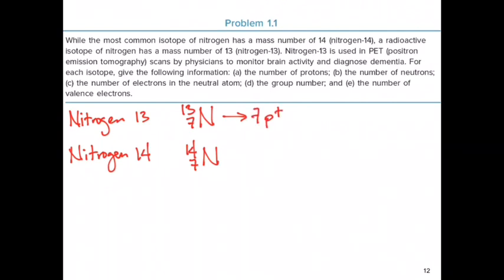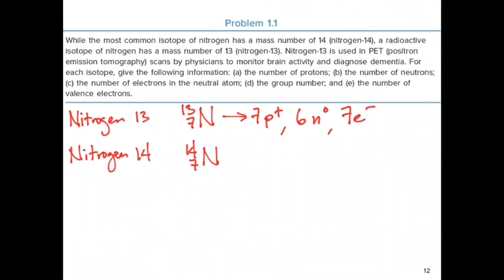And then you subtract 13 minus 7, you get 6 neutrons. And because this is an isotope and it's not an ion, it's a neutral atom. It's a neutral isotope. And so the number of electrons would match the number of protons. So in this case, we have 7 electrons as well.